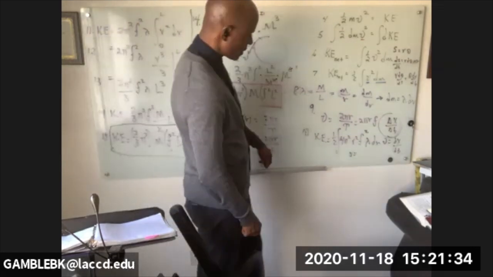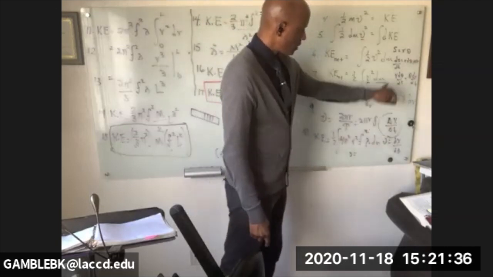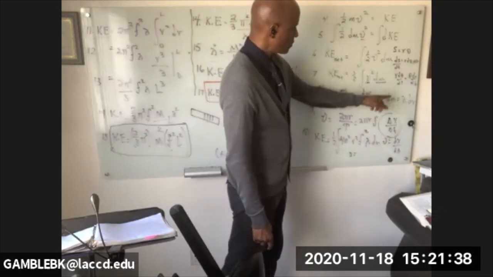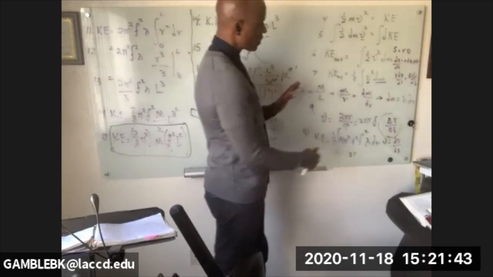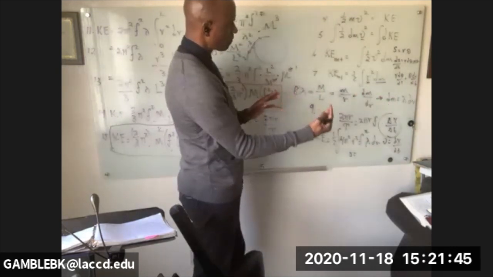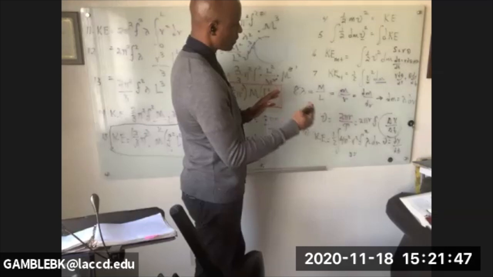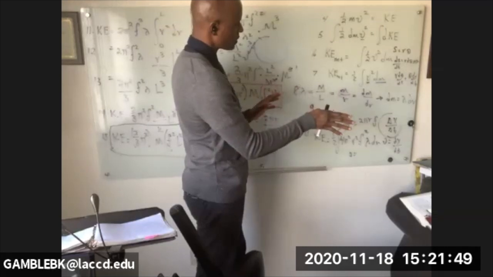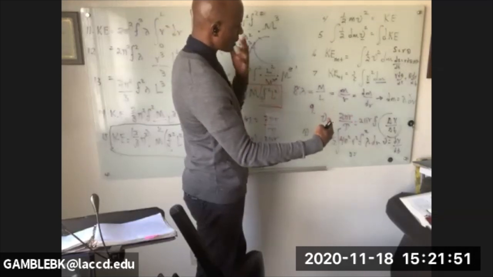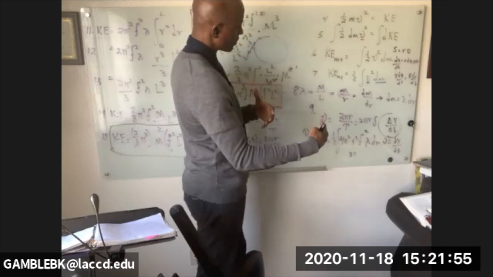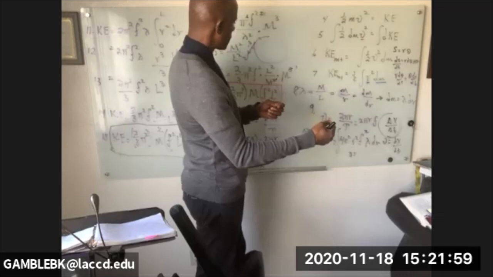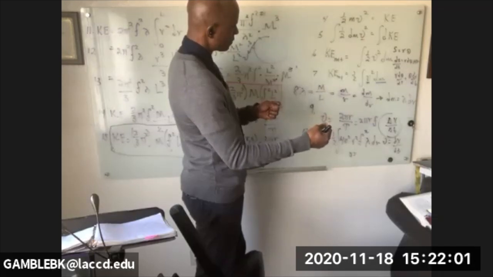There's no t, it's going to be a dx dt, and you get two terms. Then those terms you would put into this equation and break it up into two integrals, one for the kinetic energy for the radial velocity and one for the kinetic energy for the centripetal velocity. And the total kinetic energy would be the radial kinetic energy plus the centripetal kinetic energy, associated with the radial and tangential speeds.